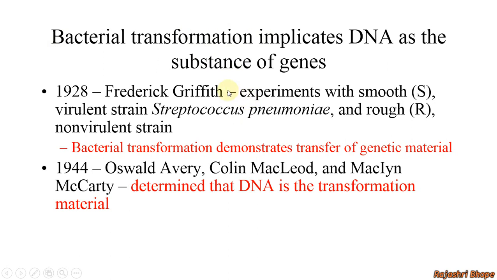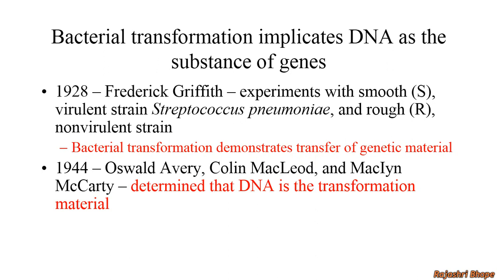Frederick Griffith experimented with smooth virulent strains of Streptococcus pneumoniae and rough non-virulent strains of the same organism, Streptococcus pneumoniae. Same organism with two different strains. He showed that bacterial transformation demonstrates transfer of genetic material.